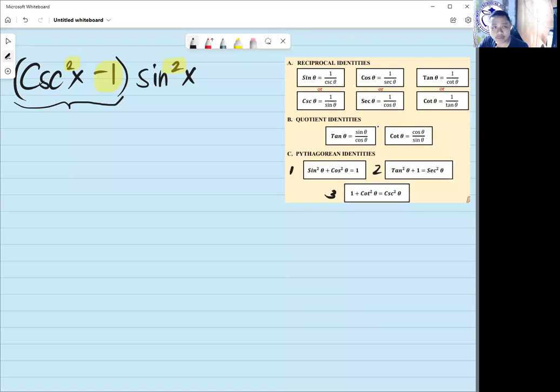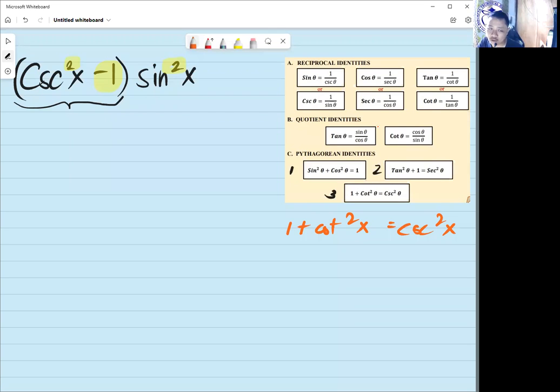However, looking at our identity and our given, they are somewhat not the same. Because in our Pythagorean identities, we have 1 plus cotangent squared x is equal to cosecant squared x. However, what we need here is cosecant squared x minus 1. And in here, cosecant squared x is just alone, but 1 is on the other side.